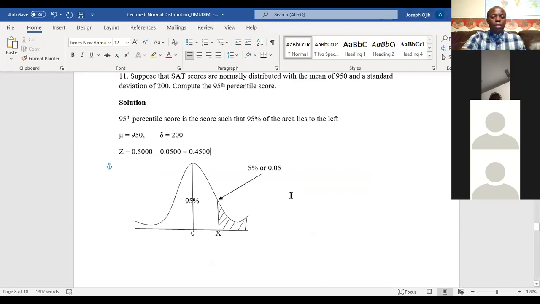Now, from the table, we look for 0.4500. We just look at it as if there's no decimal point, which means we're looking for 4500. If we don't see it, we can use the number that is closest to it.